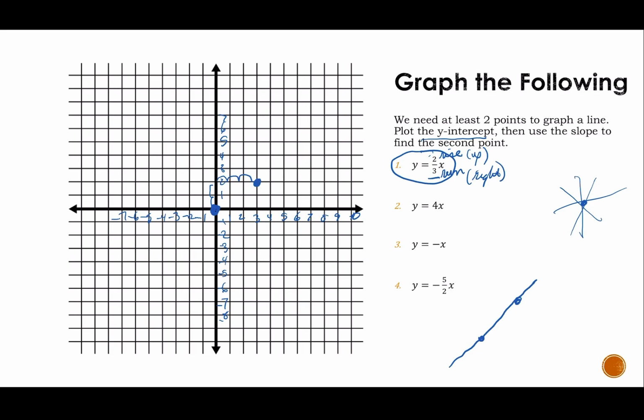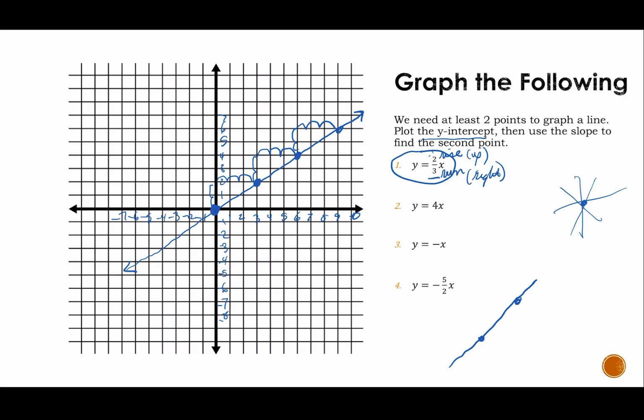Let me do this again. I can go up 2 over 3 and continue to find more and more points on this line. So then I can go ahead and draw my line. I try and make it pretty straight if possible. And we give it little arrows on the ends because it keeps going on and on forever. So this is a line with slope of 2/3.